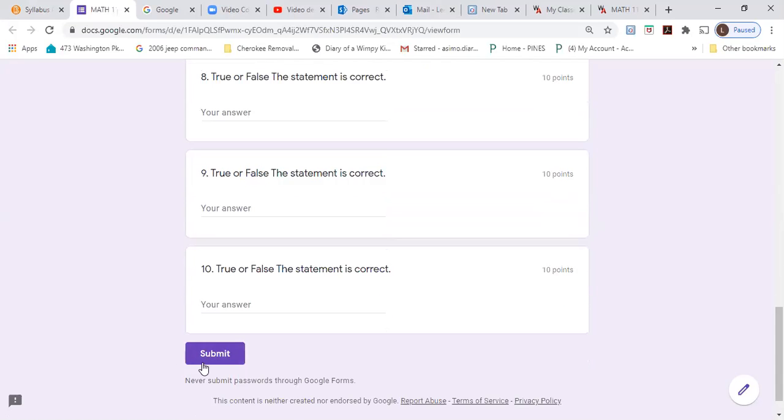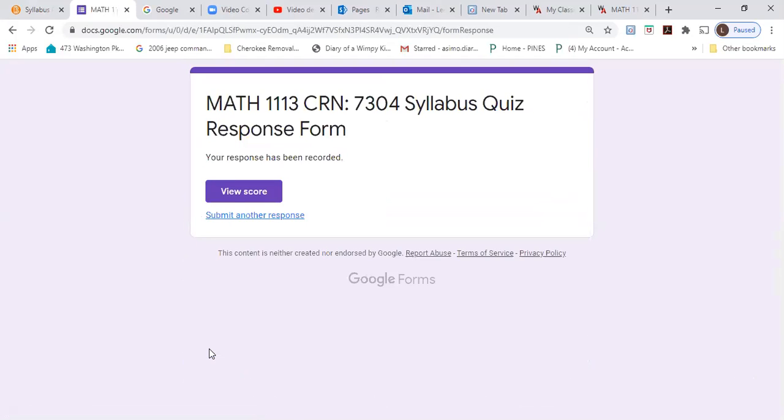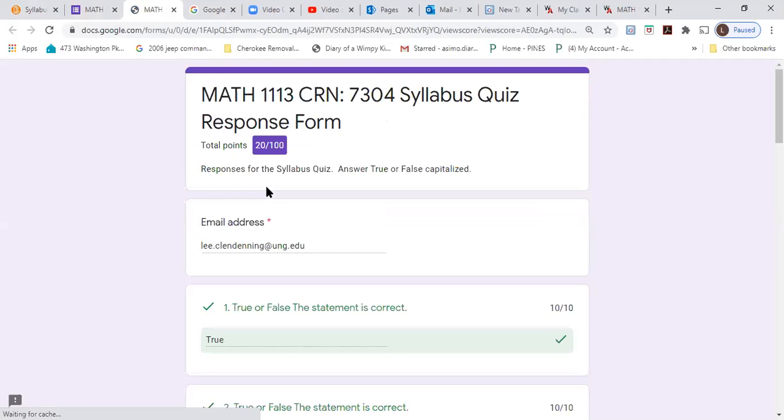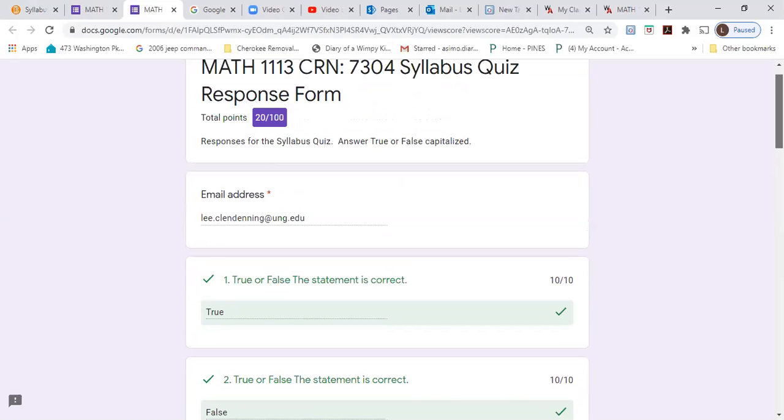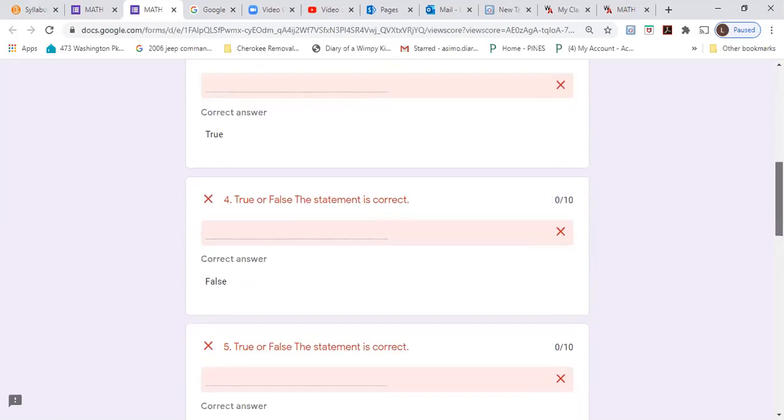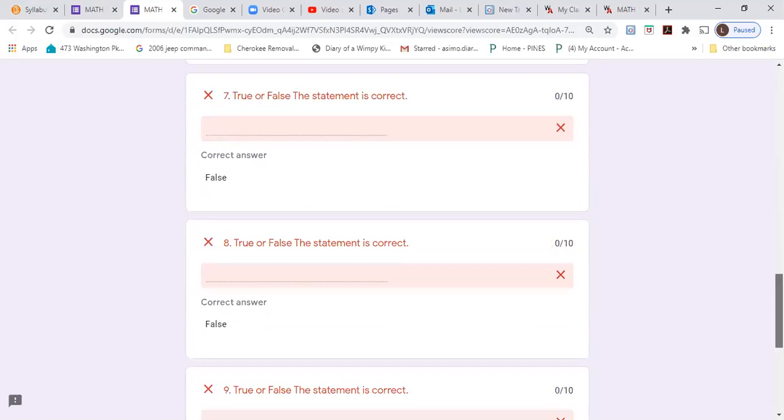I'll go down, I'll submit. You can view my score. And it's giving me a 20. Turns out I got both correct. Number 1 was true, number 2 was false. So it gave me 20 points. And it marked the rest of them wrong because I did not answer them.